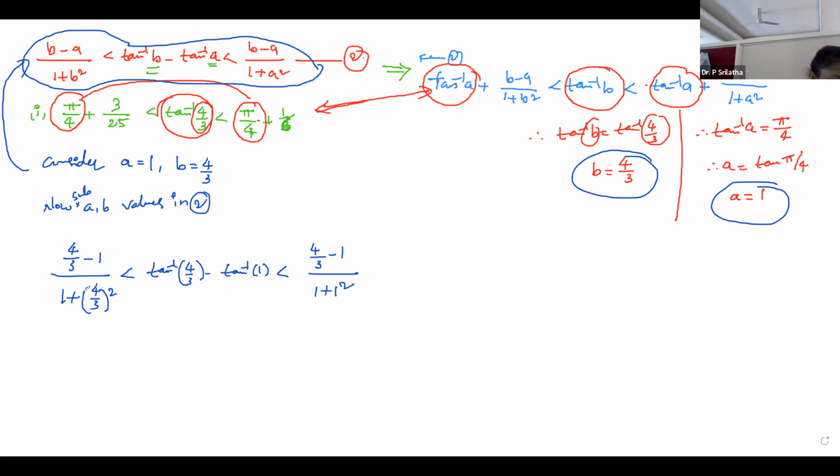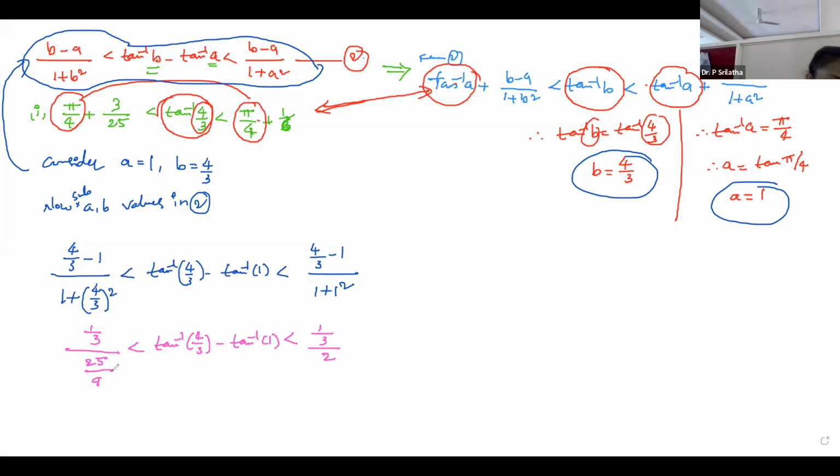After simplification, 4 minus 3 by 3 is nothing but 1 by 3, and this is 16 divided by 9. 1 plus 16 by 9 means 9 plus 16, 25 divided by 9.